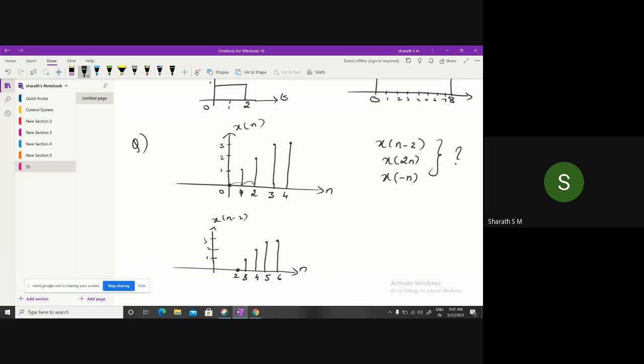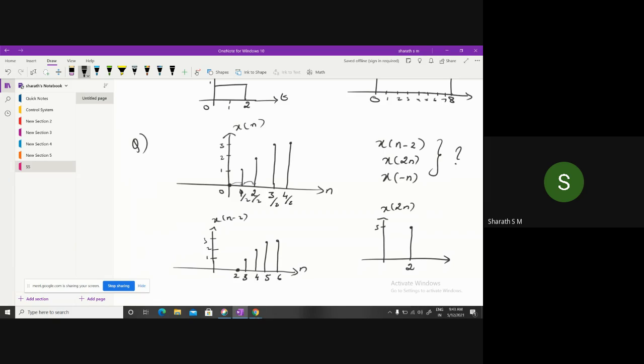Afterwards, x of 2n means divide the scale by 2. So 4 divided by 2, 3 divided by 2, 2 divided by 2, as well as 1 divided by 2. So 4 divided by 2 is 2, and at 2 it is maintaining the amplitude level as 3.